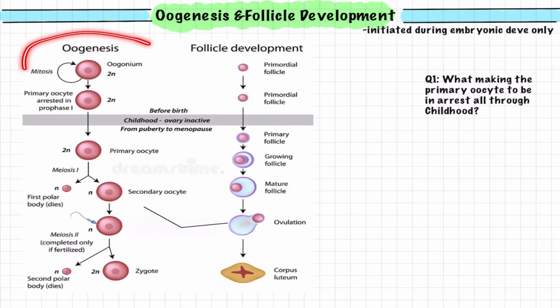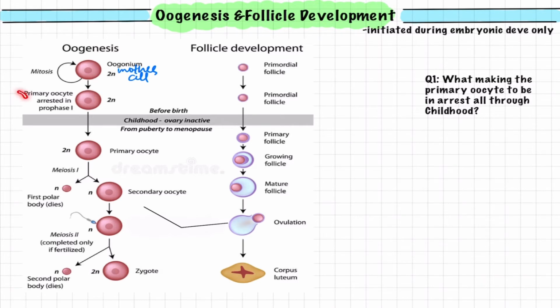If you see here in the flow chart, these are the oogonial mother cells, and from these oogonial mother cells, cycles of mitosis and cell division result in the formation of the primary oocyte. This is a basic concept I have already explained in the previous video.